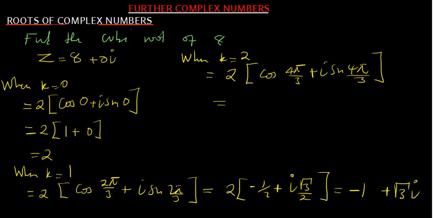So this is going to give us 2. Now cos 4 pi over 3: 3 into 180 is 60 times 4, that is 240. So cos 240, if I'm not mistaken with the conversion, is supposed to give us negative 1 over 2.